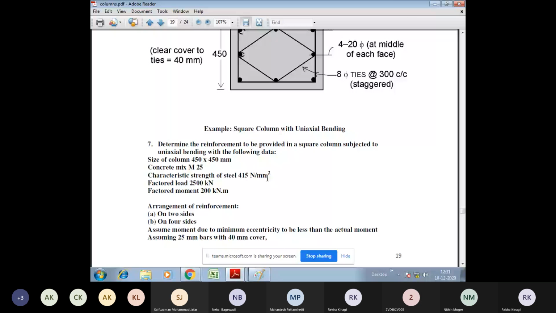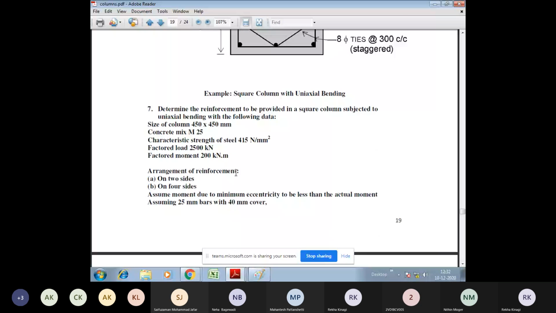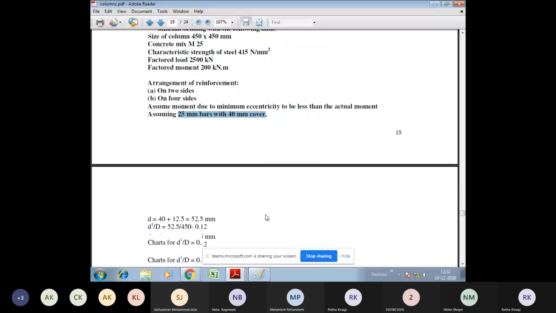Factored load, that is PU value, is 2500 kilonewton, and factored moment is 200 kilonewton meter. Arrangement of reinforcement on two sides, on four sides. Assume the moment due to minimum eccentricity to be less than the actual moment, assuming 25 mm bars with 40 mm cover.